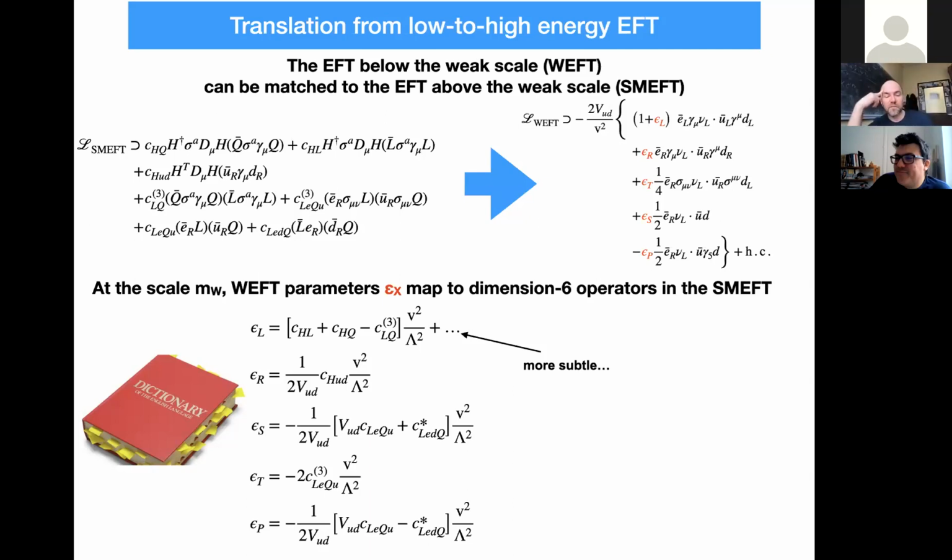And the important thing is that if you use an effective field theory, you're getting some simplification, because you have something like a dozen operators in the SMEFT, which reduce to just 5 different parameters in the WEFT. So not only is your theory more stable perturbatively if you use this WEFT instead of SMEFT to do the calculation, but also the number of parameters is smaller.